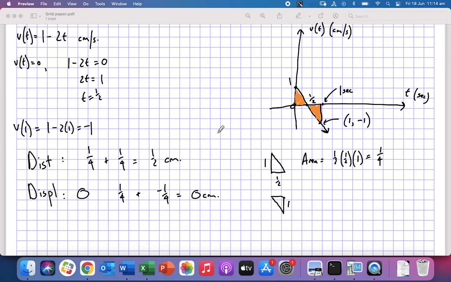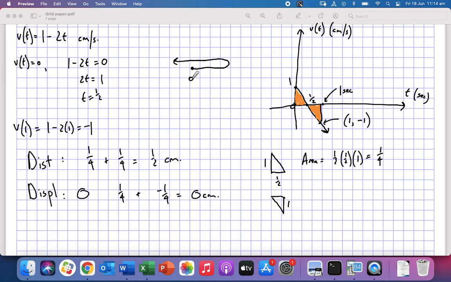Because for distance, I don't care if I have negative velocity. So this might be going forward here, to the right of the origin. And then this part from t equals a half to 1, that's going backwards, or going left. And you're getting back to where you started if you thought about your motion diagram. So your motion is going to the right, turning the corner, and coming back again this way.